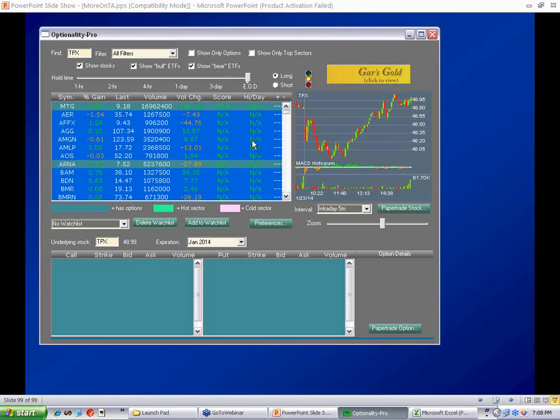EOD means end of day. This is a new feature we added in the last revision. End of day means, remember, these are all back tested to get their score, right? There's a special back test applied only for end of day, meaning the last half an hour of the trading session. It measures everybody's performance against all the filters for the last half hour into the next session.